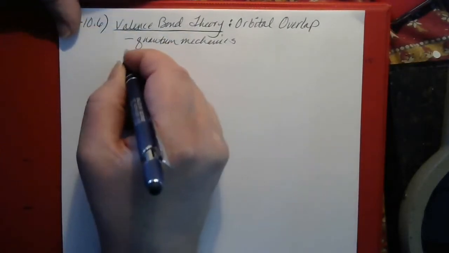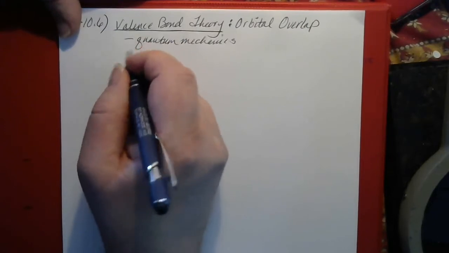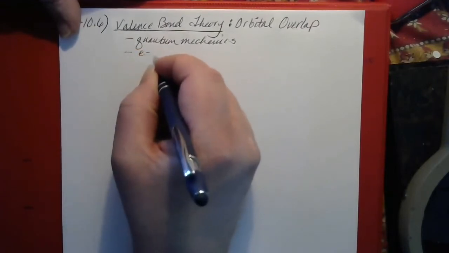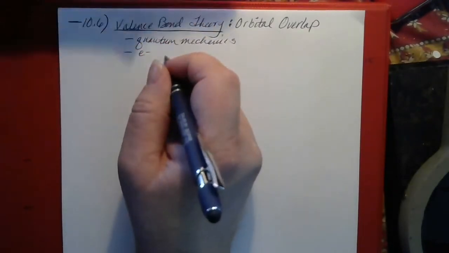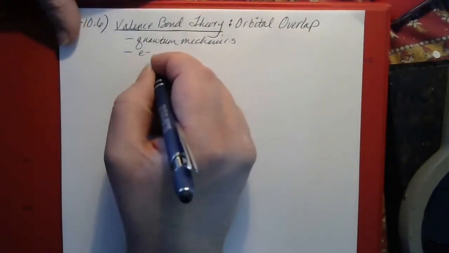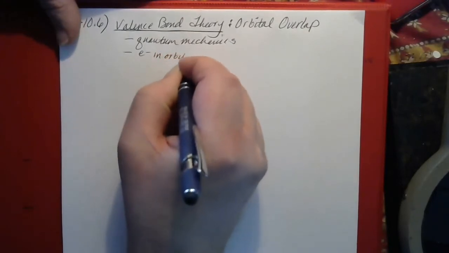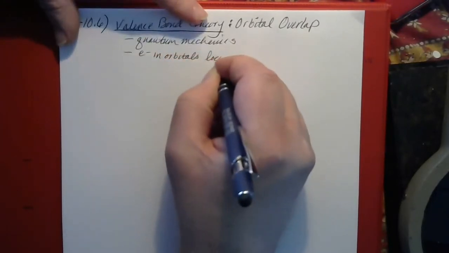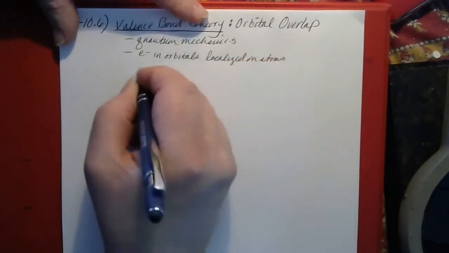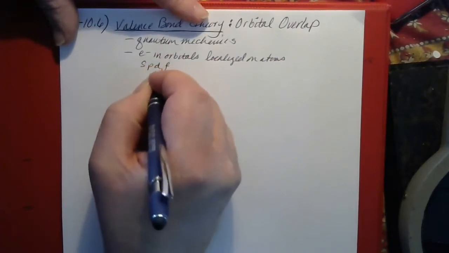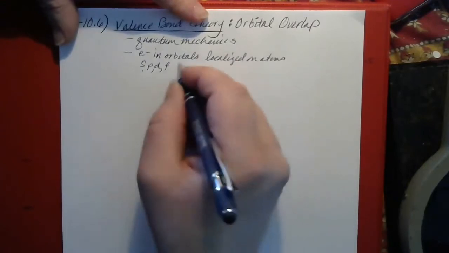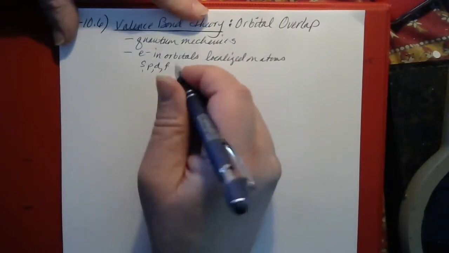So the valence bond theory is a simplified quantum mechanics approach. Electrons are in orbitals localized on atoms, and for isolated atoms, that would be s, p, d, or f type orbitals.